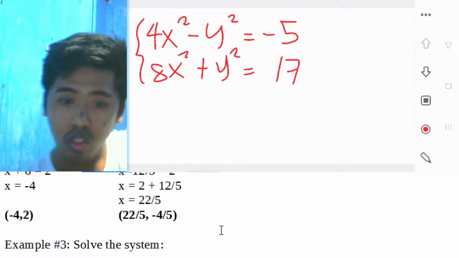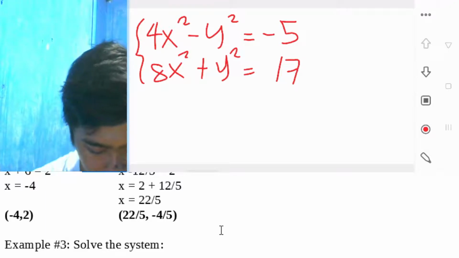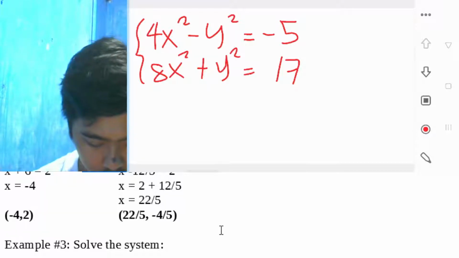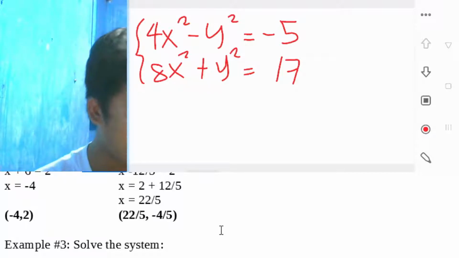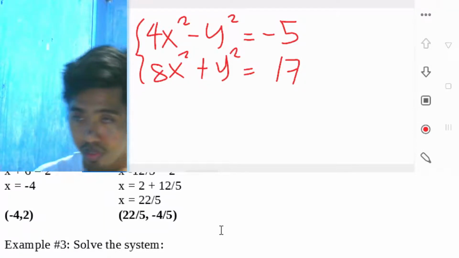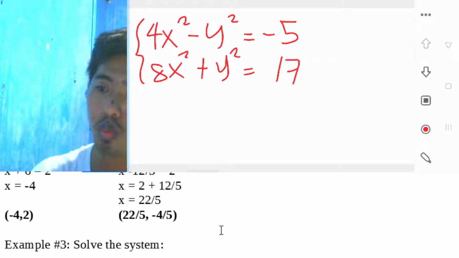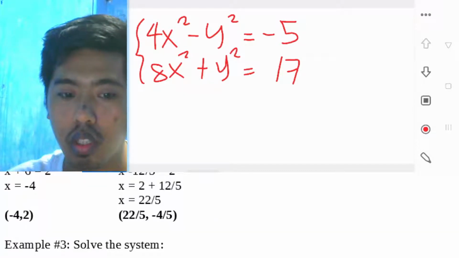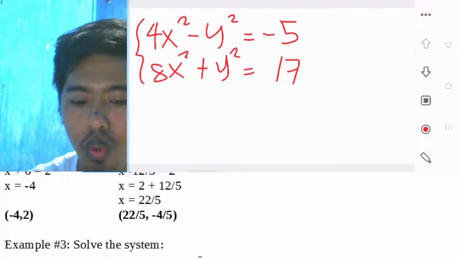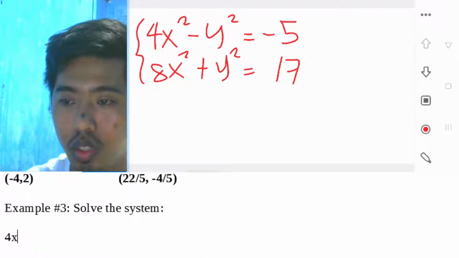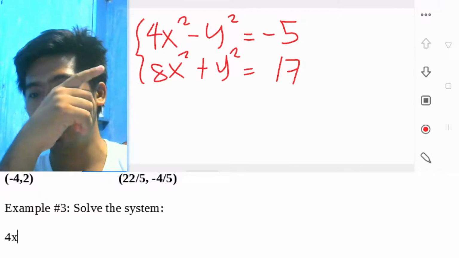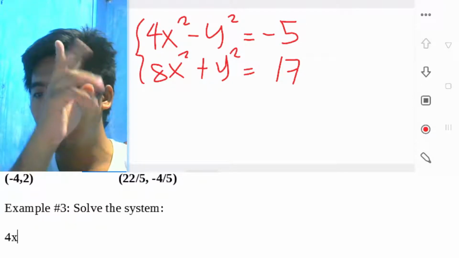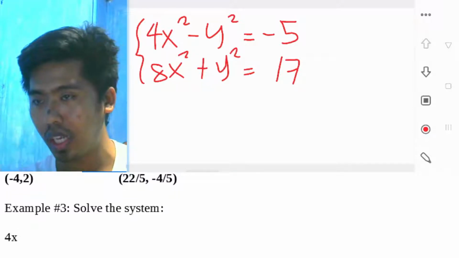Let me check what we want to choose. We can eliminate y, since one is negative y squared and the other is positive y squared, so we can eliminate that one.